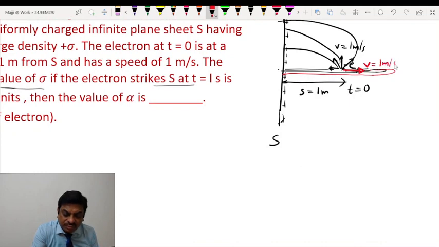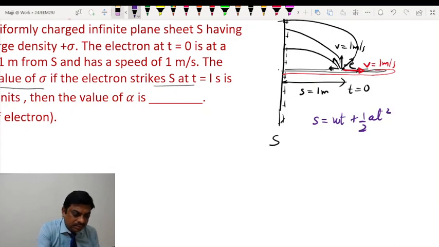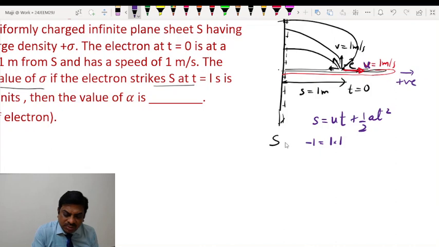So we'll apply this formula: s is equal to ut plus half at square. Taking the rightward direction as positive, we have 1 minus 1 is equal to 1 u into 1, because time is also given as 1 second, minus half acceleration, which will be force by mass into t square.